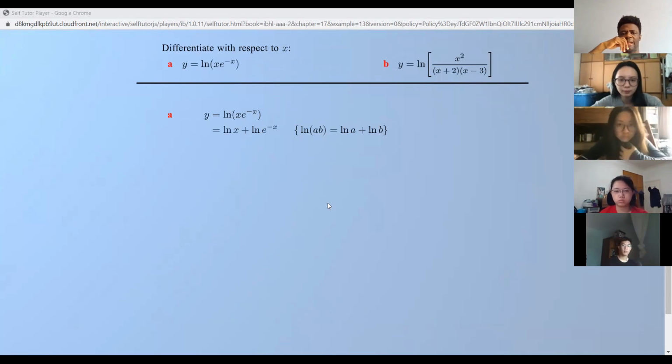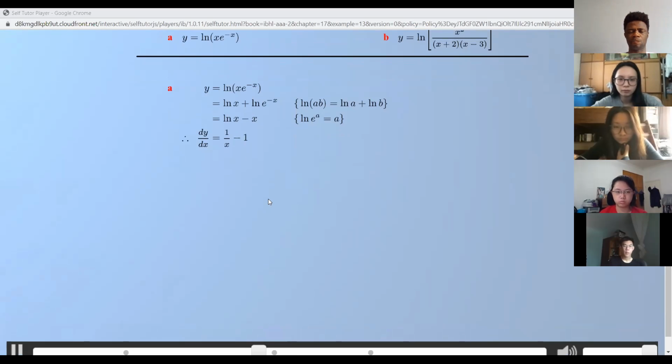Now notice that the second term is a natural log of an exponential in base e. These are inverses, so ln e to the minus x is just minus x. We can now find the derivative term by term, remembering the derivative of ln x is 1 on x.